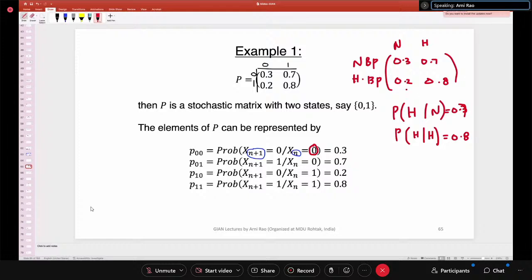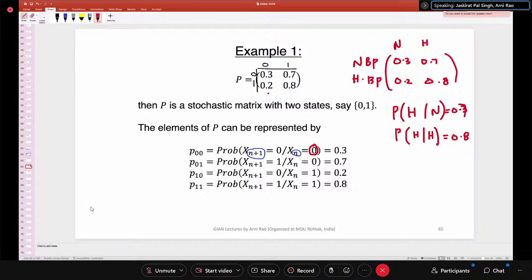So they are admitted in the hospital with normal blood pressure, and due to anxiety they become high blood pressure. Or high blood pressure after treatment might become normal. How to compute these values, we'll see again later.